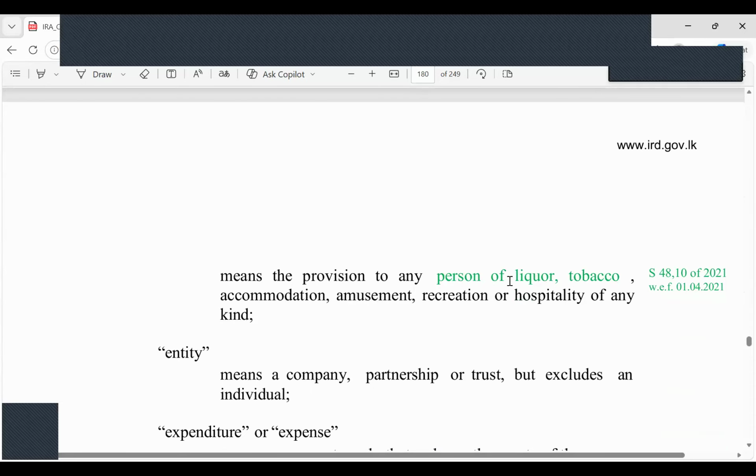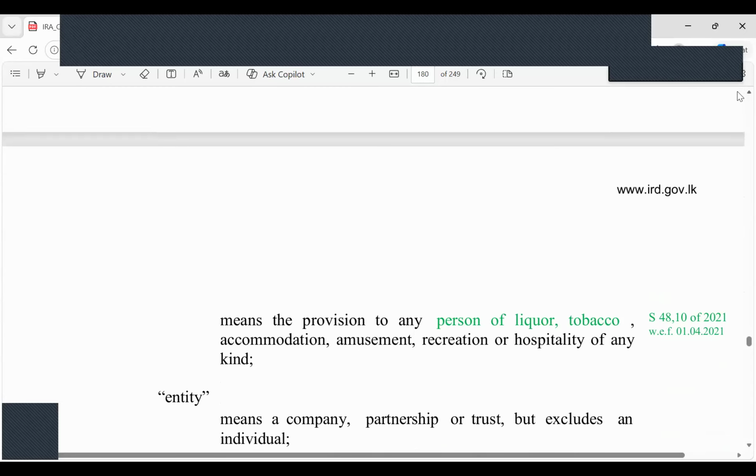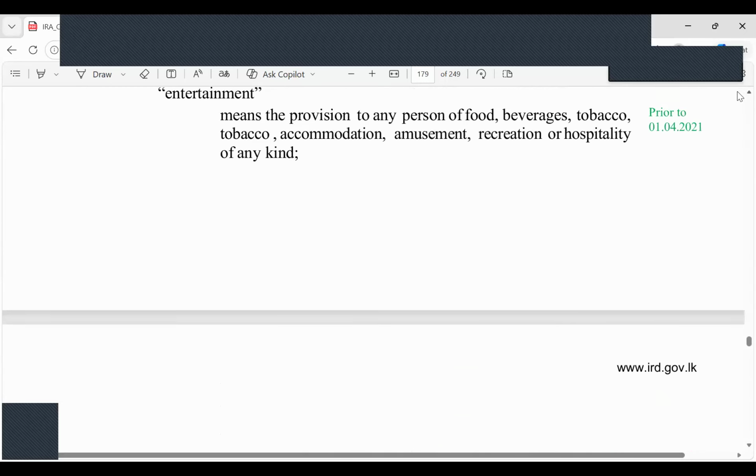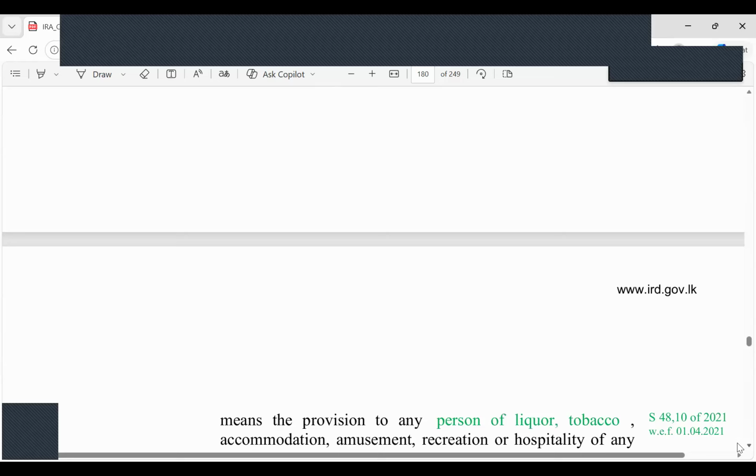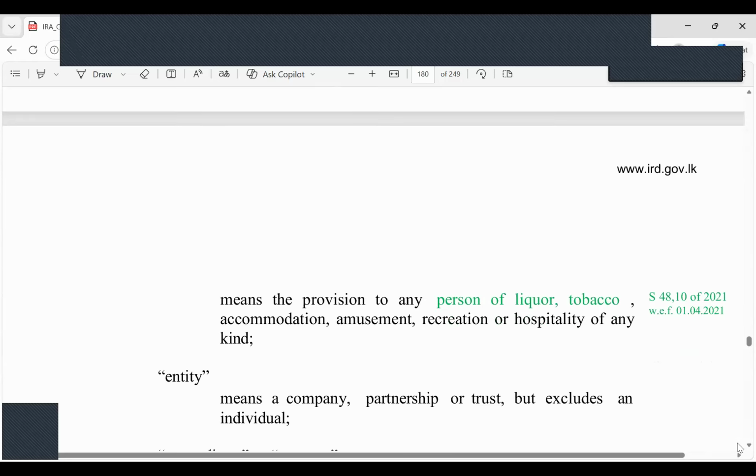Earlier it had food and beverage also included here, but we removed food and beverage from the entertainment because entertainment expenses are not allowable as a deduction. So I think you can remember, it is not allowable as a deduction.